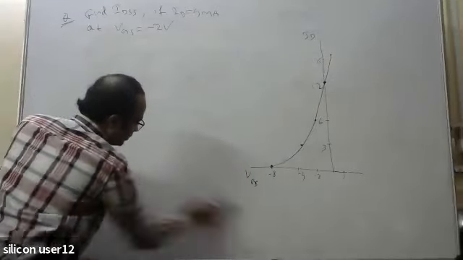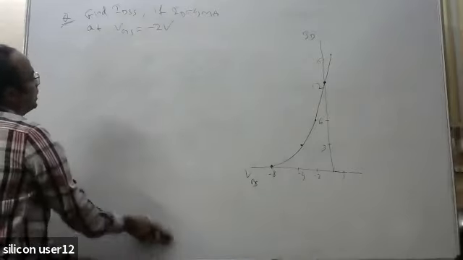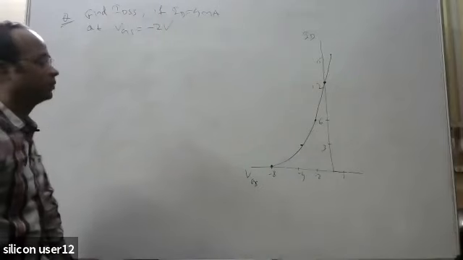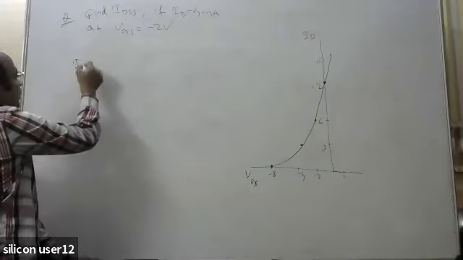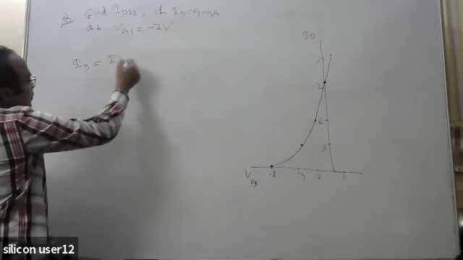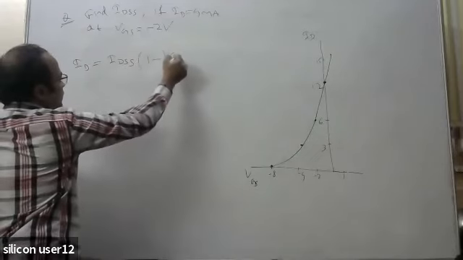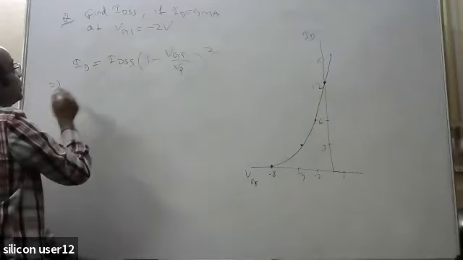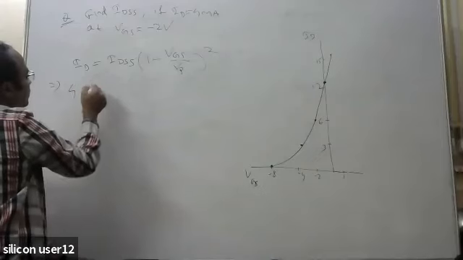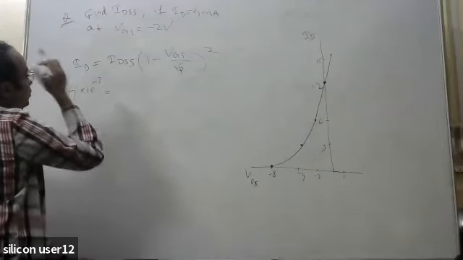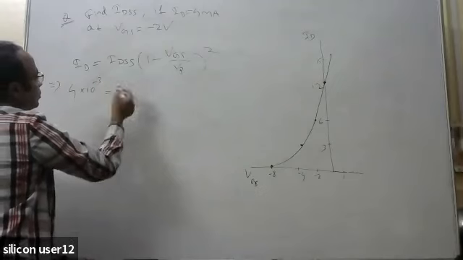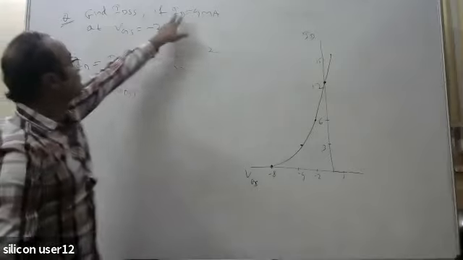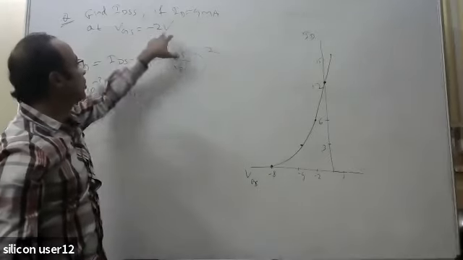Tell me how I'll proceed. Just write down the Shockley's equation. ID equal to IDSS into 1 minus VGS by VP whole square. ID is given, 4 milliampere equal to IDSS. ये पूछा है 1 minus, okay, it is coming ID equal to 4 milliampere at VGS equal to -2.